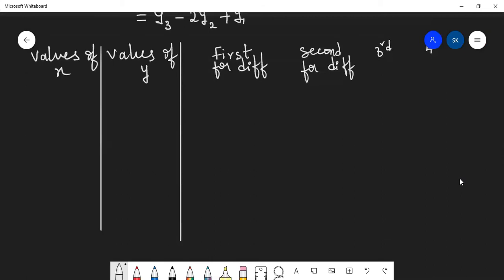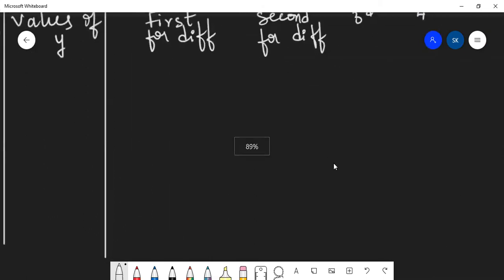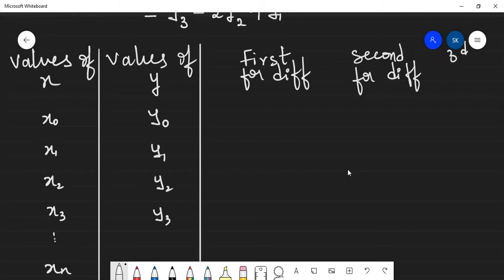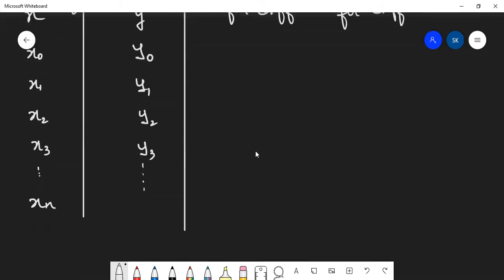The values for x were x0, x1, x2, x3 and so on. The last value will be xn. In between you can write xr. The corresponding values of y are y0, y1, y2, y3, and so on. The last value will be yn.